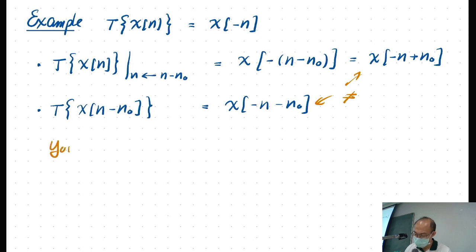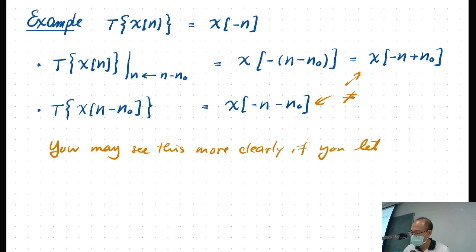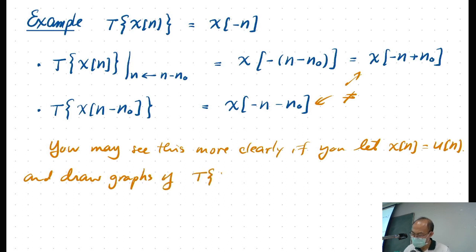You may see this more clearly if you let x[n] equal u[n] and draw graphs of T of u[n], and then shift it.